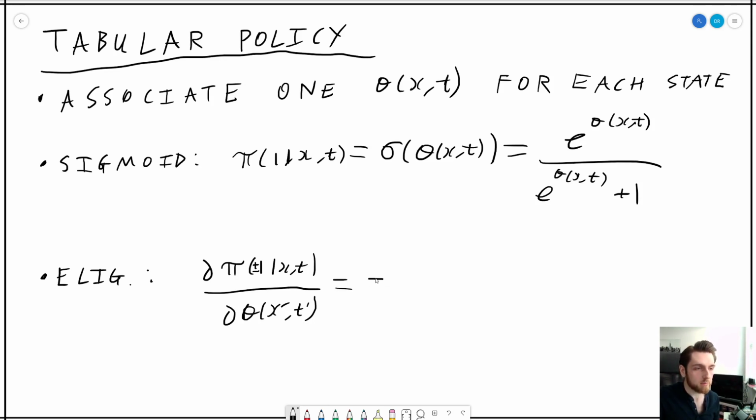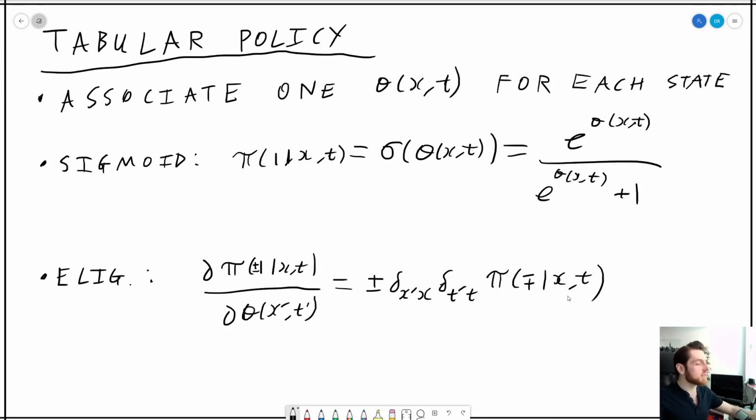And then what we get is plus or minus 1 times the Kronecker delta of the position. So obviously the weight you're doing the derivative with respect to has to be the weight associated to the policy that you're doing the derivative of. The same for the time. And then you get the probability of the opposite action.